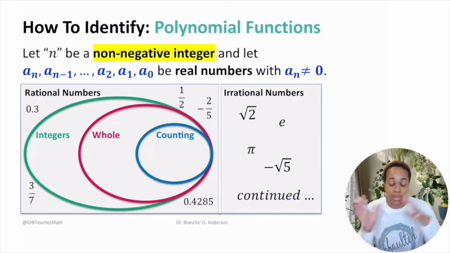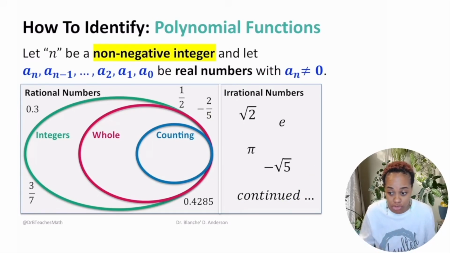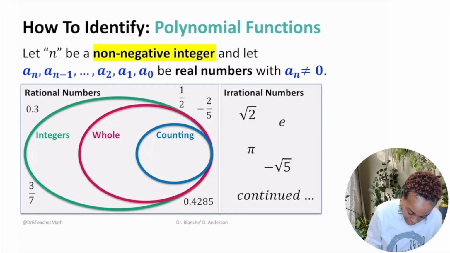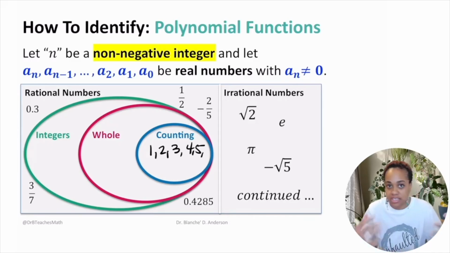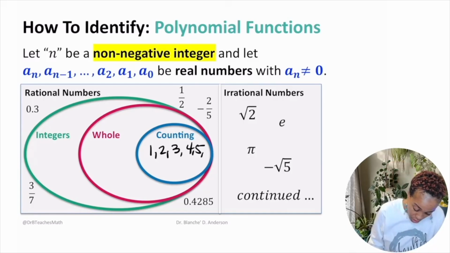Now, your rational numbers are numbers that you're used to. Like, for example, your counting numbers, when you learn to count, 1, 2, 3, 4, 5, 6, 7. Sometimes they call them natural numbers, but they're counting numbers. Then from counting numbers, you jump to whole numbers, which are 0, 1, 2, 3, 4, 5, 6.